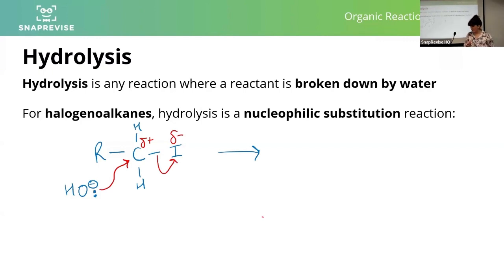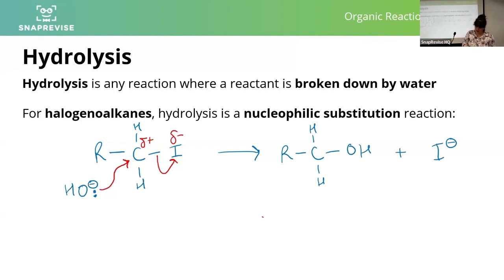Again, I'm showing this as an SN2 reaction for those of you that do it. And then we're going to form our alcohol and our iodide species. Again, I can double check I've got conservation of mass and conservation of charge, so I haven't missed off any charges.